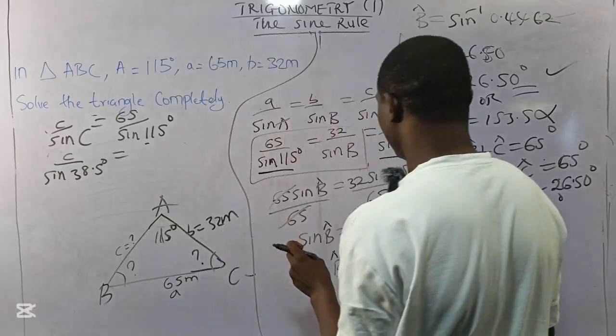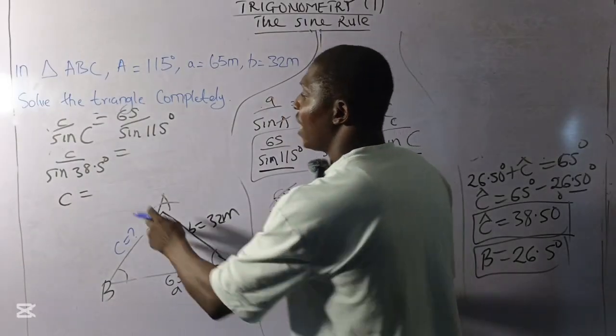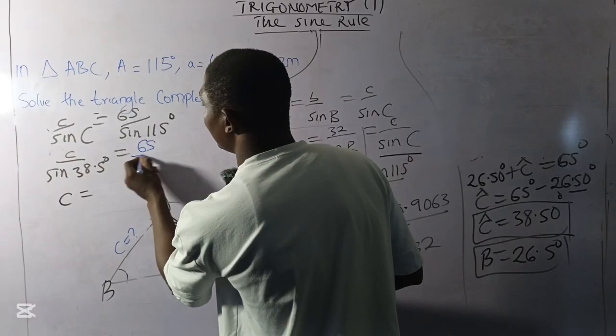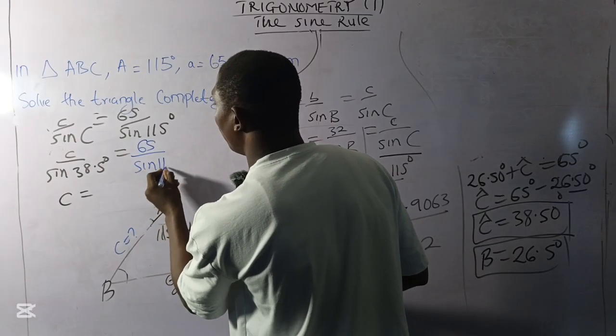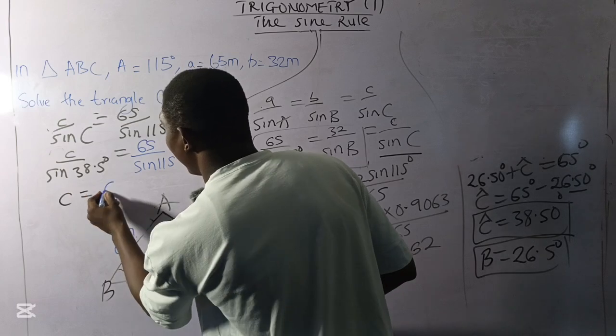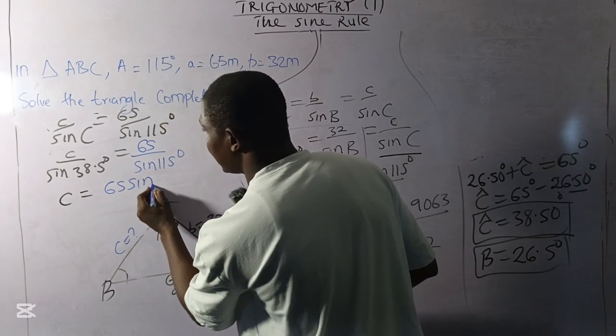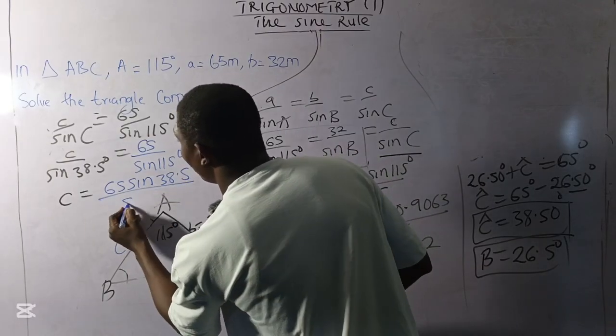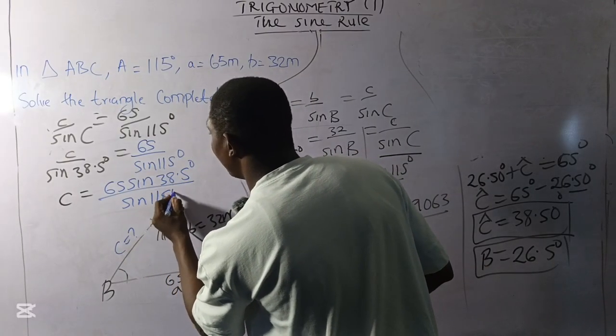So we have c all over sine 38.5 will be equals to 65 all over sine 115 degrees. So making c the subject of the formula, I'll have 65 sine 38.5 degrees all over sine 115 degrees.